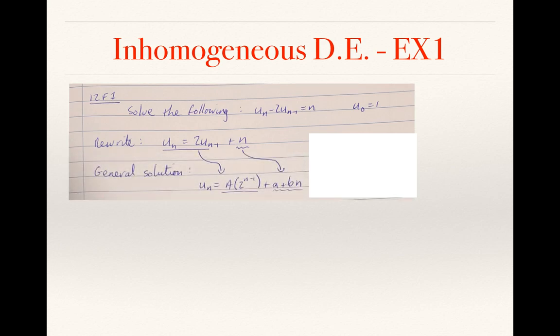Each of those have their own solution. So the homogeneous part gives me the a, and then 2 to the power of n minus 1, where the 2 is just coming from the 2 in the u of n is equal to 2u of n minus 1 plus n. The squiggly line then has its own solution, and that's underlined with another squiggly line.